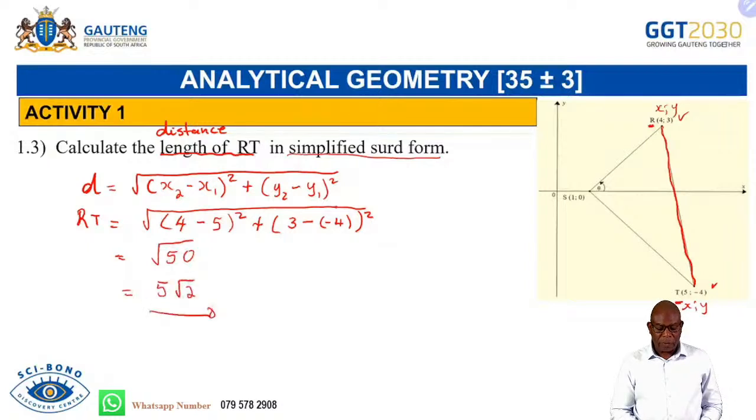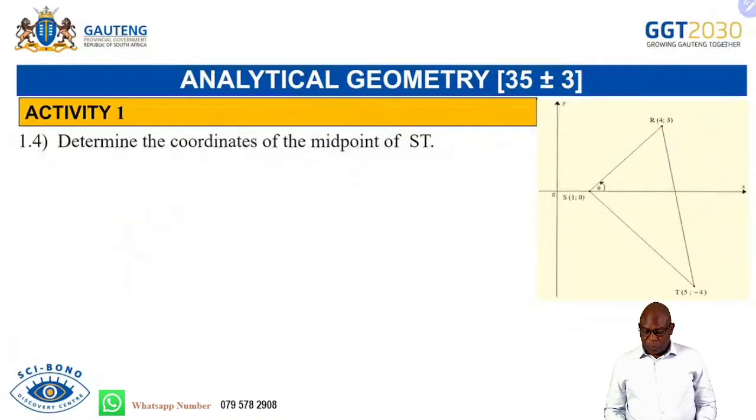Right. So meaning that the length of that is 5 root 2. Okay, so I have the length of RT, and by asking this question, you see these questions are scaffolding. In other words, we know that the next question there will be based on this one. Right. Now at 1.4, it says calculate the coordinates of the midpoint of ST.